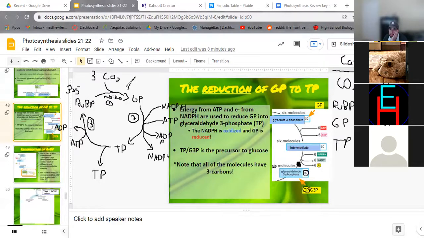So at this point in time, we should have 18 carbons. 3 times 5 is 15, plus 3 is 18. We don't add or subtract any carbons here. And so that means that at this point in time, we should also have 18 carbons. I'm on board with that. Anyone not on board with that?